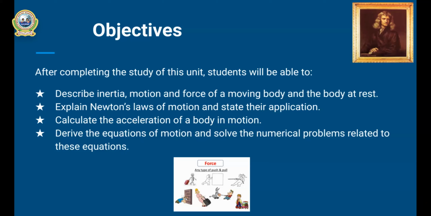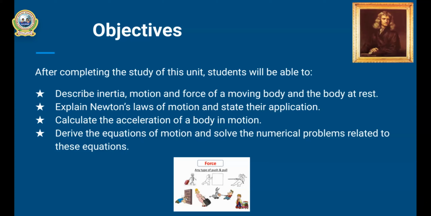And finally, we have another most important part in lesson 4, which is equations of motion. I hope you know about SUVAT, S-U-V-A-T: S for displacement, U for initial velocity, V for final velocity, A for acceleration, and T for time taken.